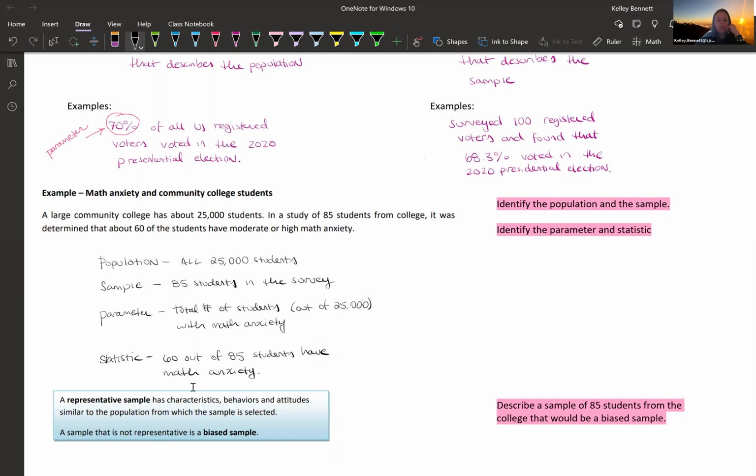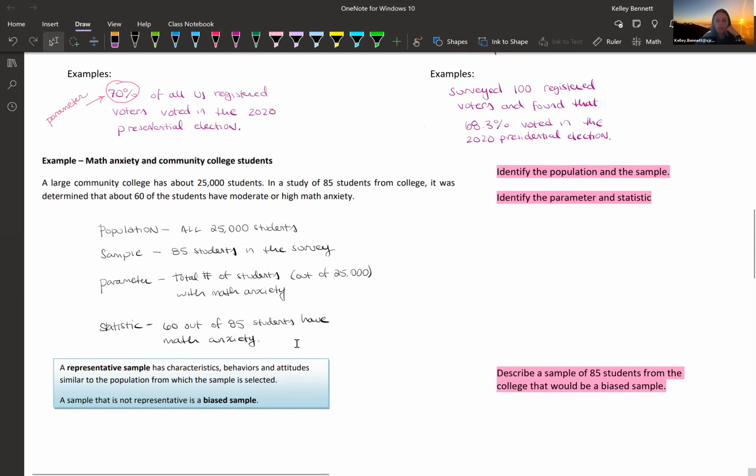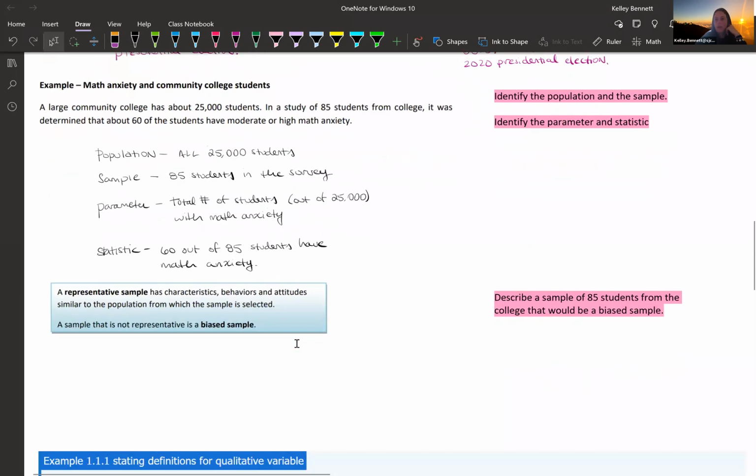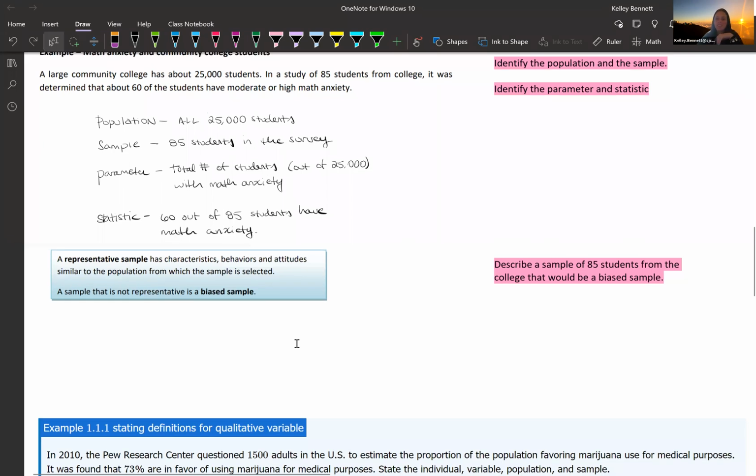Right, so what makes a good sample? Maybe things to avoid as well, we can talk about. So here we have a definition for a representative sample. A representative sample has characteristics, behaviors, and attitudes similar to the population from which the sample is selected. So basically what you're saying is you've got a population of people, it's huge.